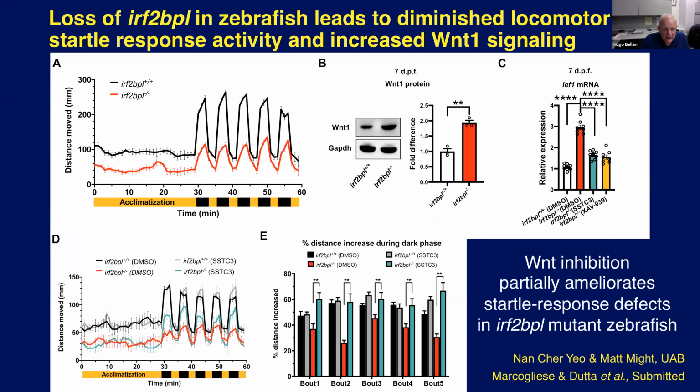When they looked at the behavior, they noted that the basal diminished locomotor activity is not affected by these wingless inhibitors. The startle response was clearly improved when they used these drugs, suggesting again that Wnt is upregulated and is having a negative effect on the function of some of the nervous system, and this can be suppressed. So Wnt inhibition partially ameliorates the startle response in these fish.